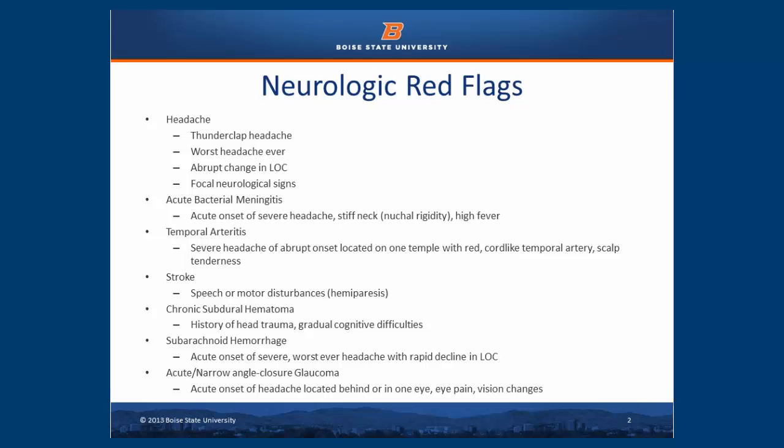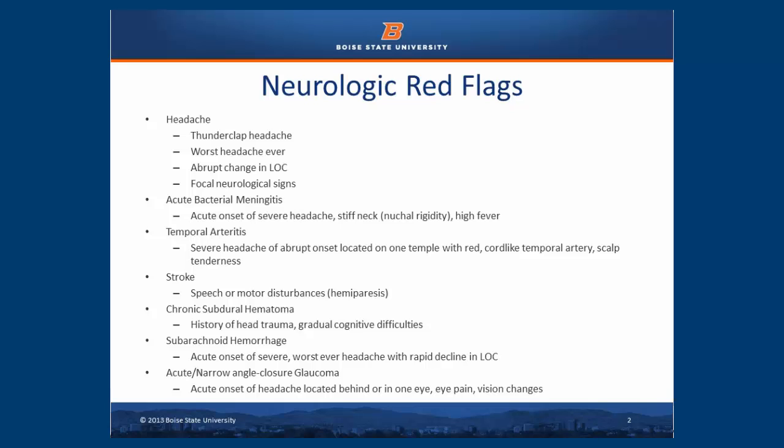I always want to give you the red flag conditions so that you'll be aware and be able to recognize them if patients present with these warning signs. Headaches typically are no huge concern, but descriptions such as a thunderclap headache or the worst headache ever, if they're accompanied by abrupt changes in level of consciousness, or if you're finding focal neurological signs on exam, those are major red flags.